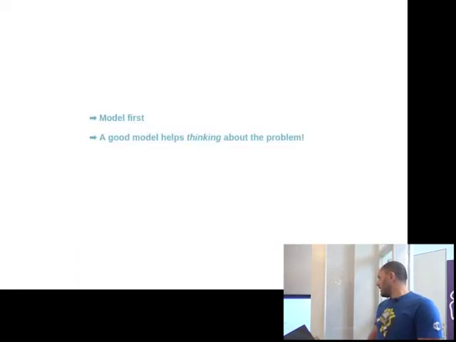So again, we have to change radically the way we think about web development, because we have to think about the model first. We have to think about the information that we want to give to the user. We want to think about the information that we expect from the user.